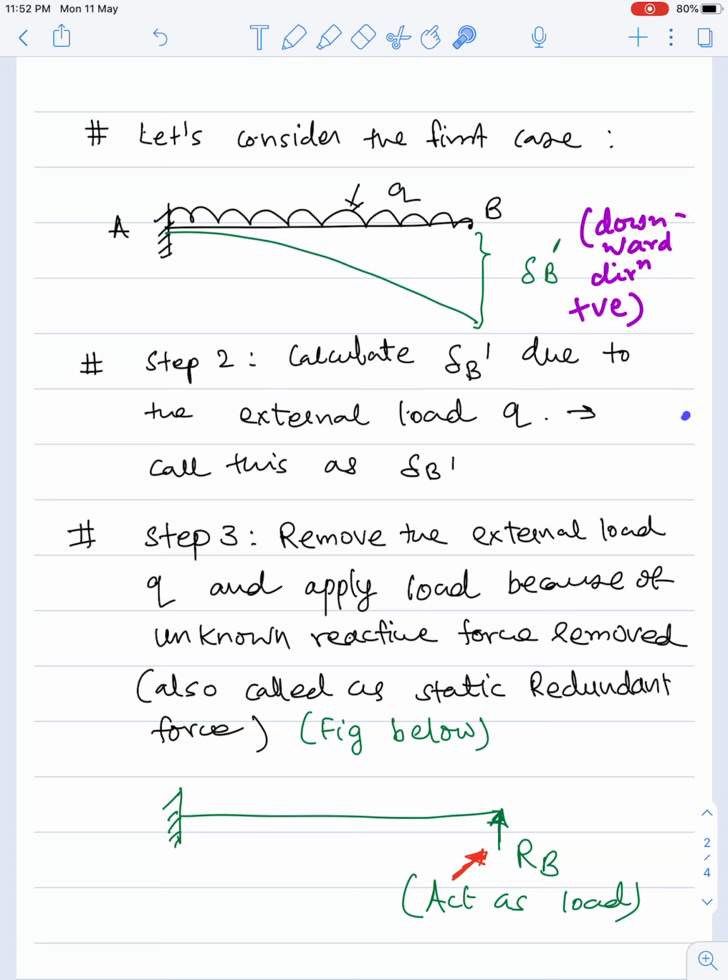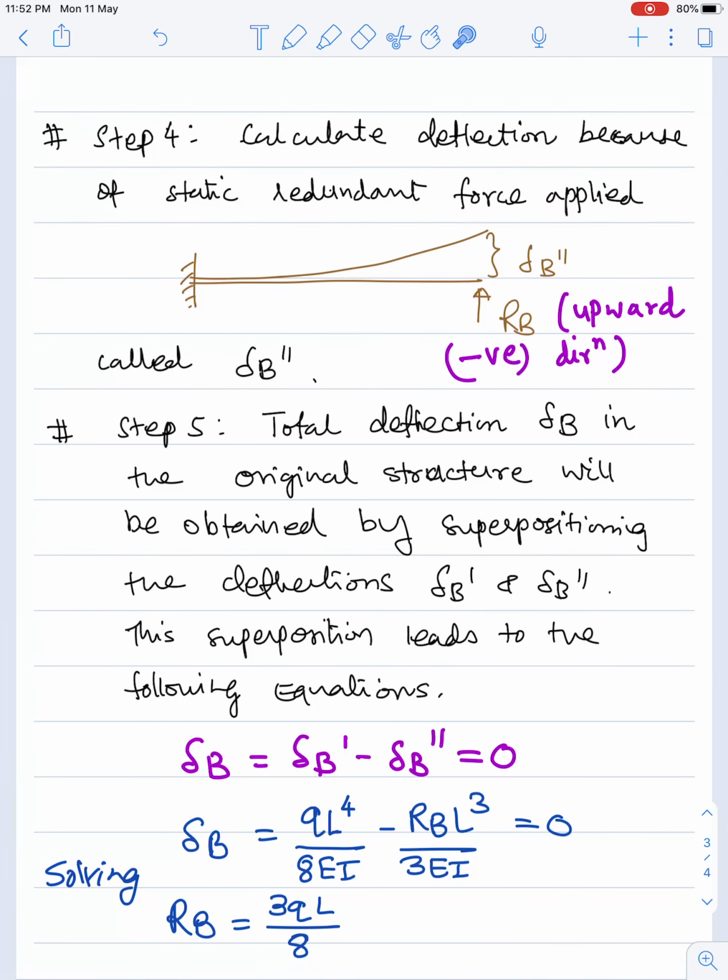So in the next step, of course, we are applying RB as an external load. This beam will again deflect, in the upward direction at support B, and let us call this deflection delta B double dash. This deflection is in the upward direction. We can consider this as negative.